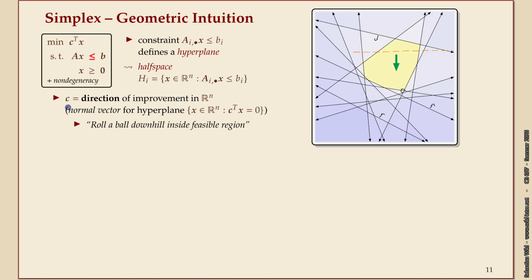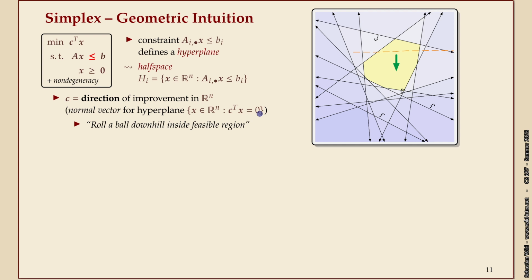C itself, so brush up your linear algebra memory. A vector in full dimension defines a hyperplane, namely, for example, all the vectors that have scalar product 0 with it.